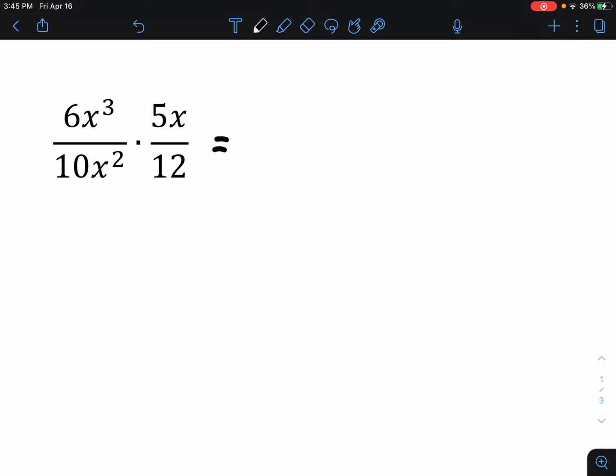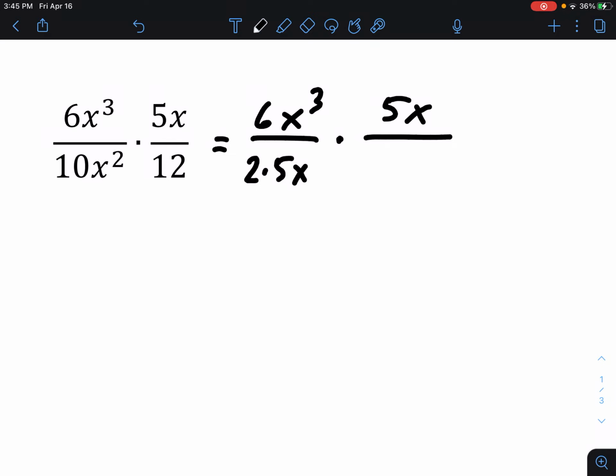This one's interesting because I don't necessarily have to do anything to the 6 or the 5, because there's going to be stuff left. I don't need to do the 1 times 6 thing or the 1 times 5. But the bottom I can do 2 times 5x squared, and then this one would be 2 times 6.